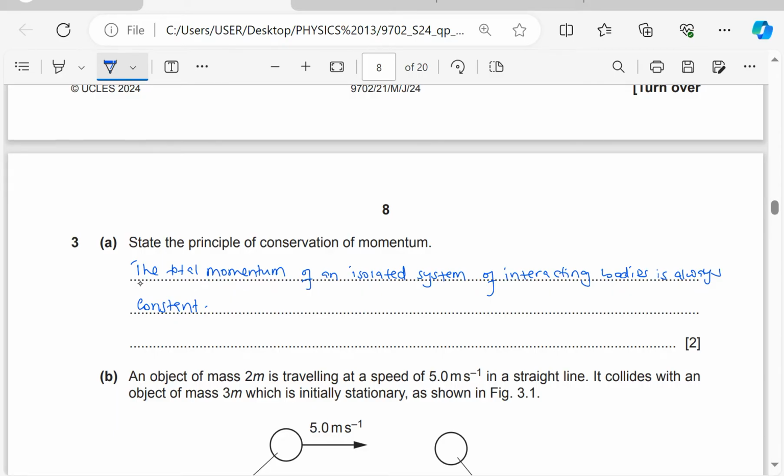Now, wrongly, people say total momentum is conserved. That one will not give you 2 marks.